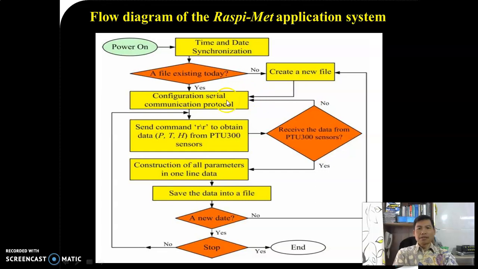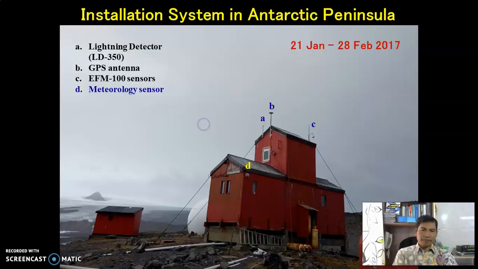If no, it will go back to the serial configuration. If yes, then it will construct all parameters in one line of data and save the data on a daily basis until a new date comes. When the date changes, it will stop writing to the file, create a new file, and return to the configuration.